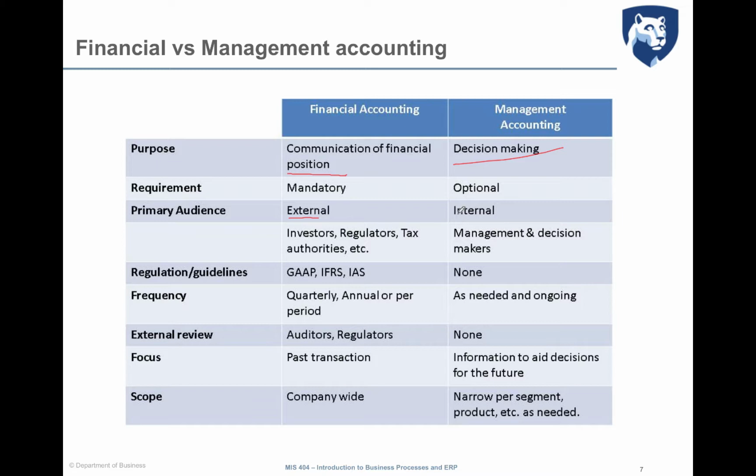So the target is external, while the target of managerial accounting is internal. More, financial accounting, being targeted at an external audience, is mandatory to be designed and published, while managerial accounting is optional.